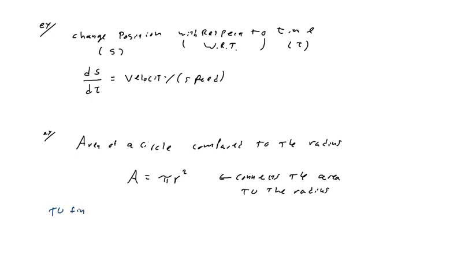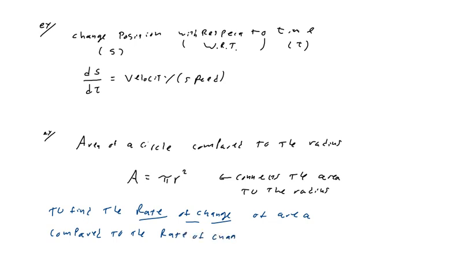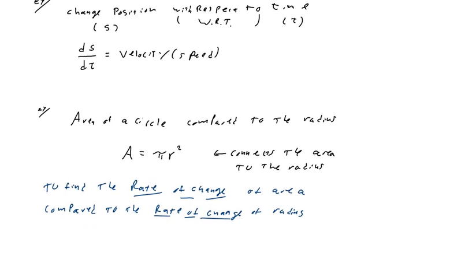To find the rate of change of area compared to the rate of change of radius, we take the derivative with respect to time.